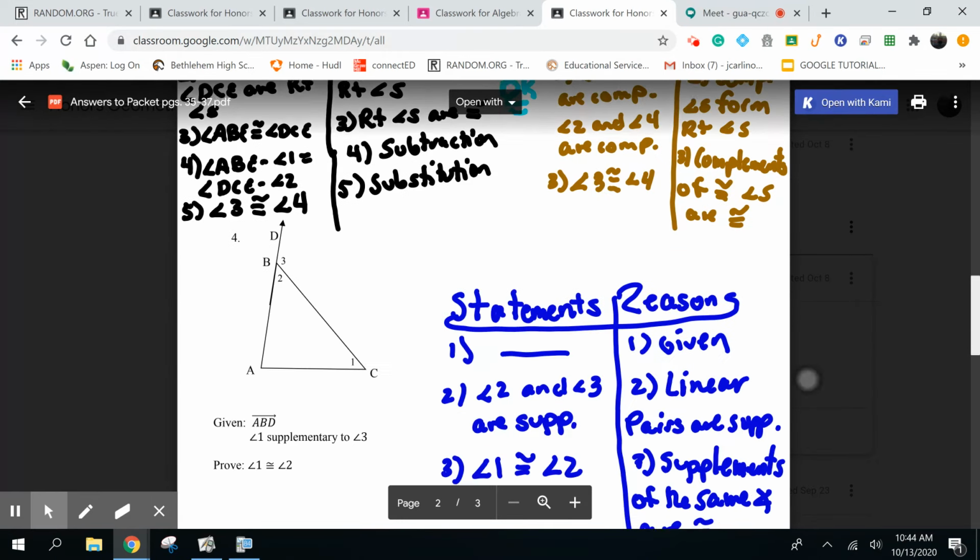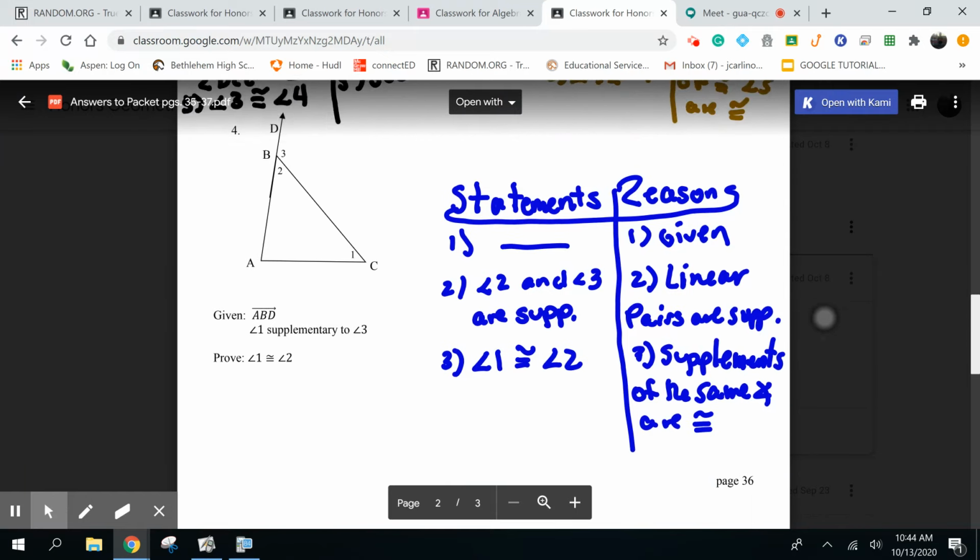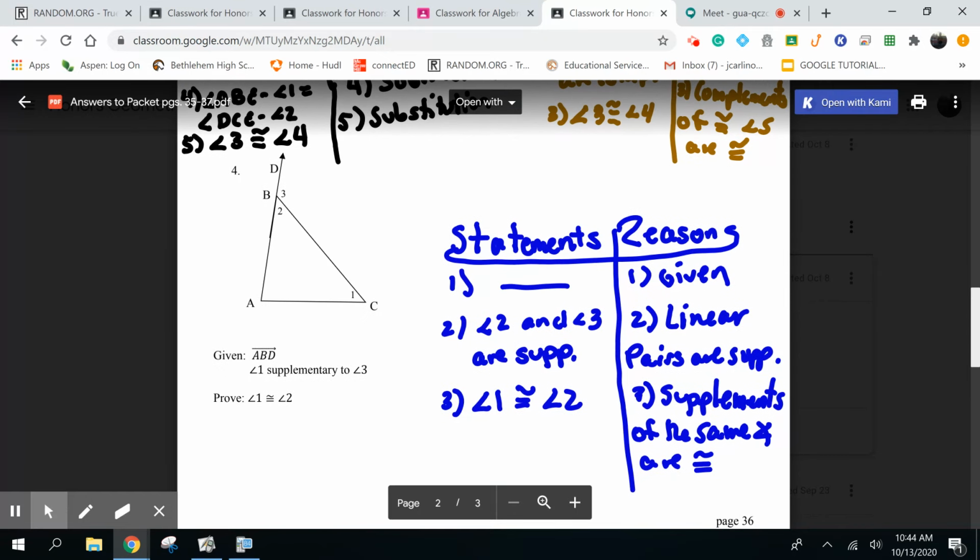Number 4, supplementary. Hey, look, in the givens, you see the word supplementary. Ding, ding, ding. I'm going to go to that last sheet of my test and look at both supplementary theorems. I have to figure out, are angles 1 and 2, the angles I'm trying to prove, supplementary to the same angle or to congruent angles?